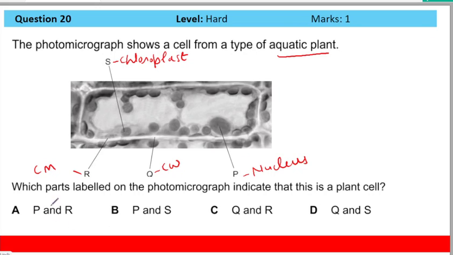Which part labeled on the photomicrograph indicates that this is a plant cell? A plant cell has a cell wall and chloroplasts, so Q and S. So D is the correct option.